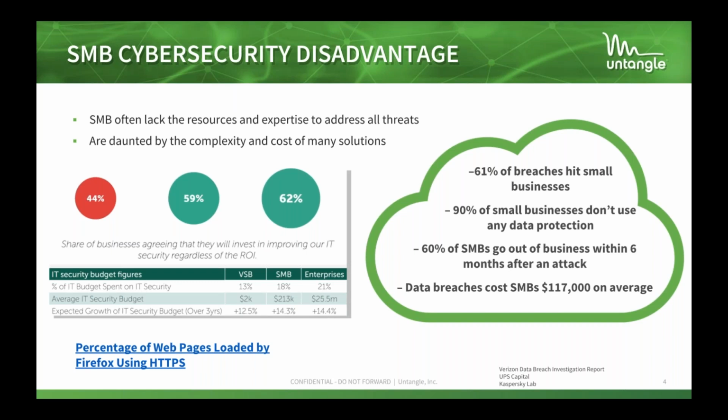So even a little company like Untangle, we have 50 employees, and we work in network security and build this product. And obviously, we're a target, but that's just because we're a small business with a public IP address. That makes you a target now. As you can see there on the right, 61% of breaches have hit small businesses. 90% of those small businesses don't use any data protection. So that's a problem. If you get ransomed, you don't have backups.